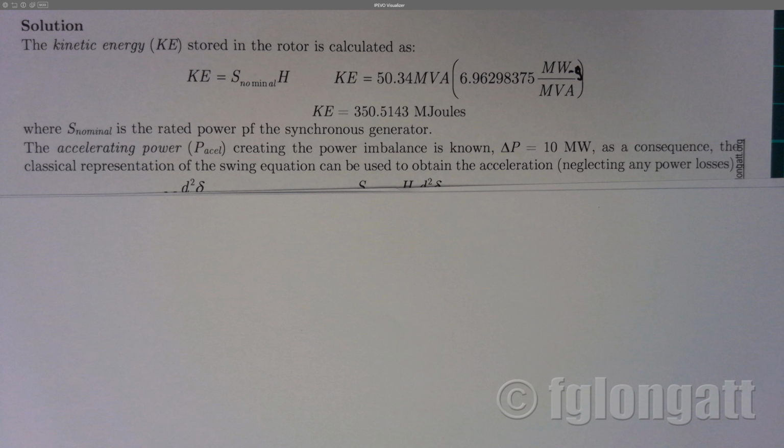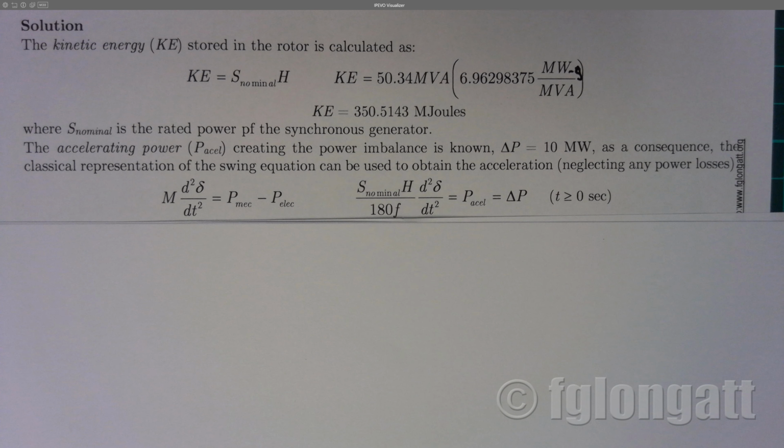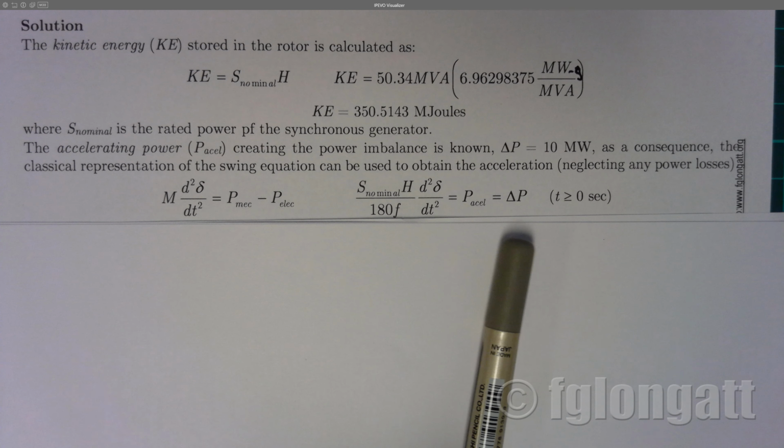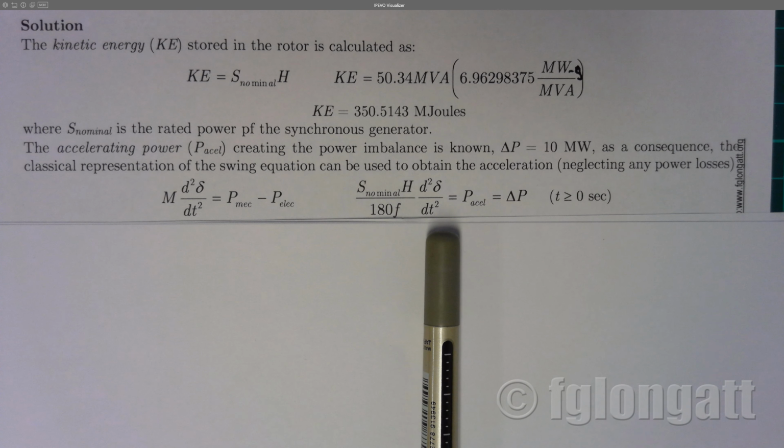What happens if we have a power imbalance? When we have a power imbalance, that is what we call a disturbance. It happens because the balance between mechanical and electrical power is no longer valid. If we lose the balance between mechanical and electrical power, that means this difference is different from zero, and that means we have something called accelerating power.